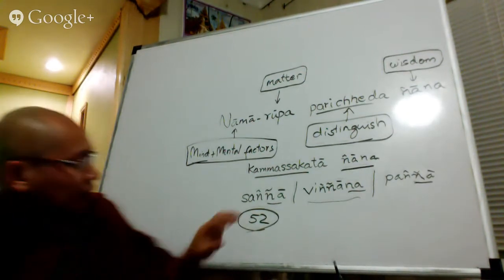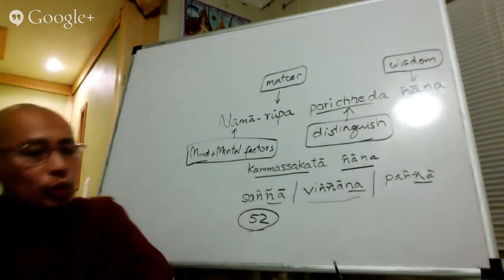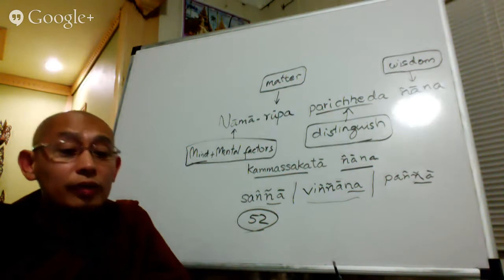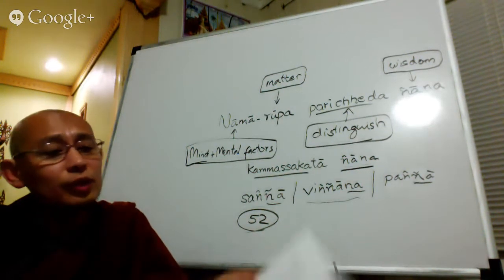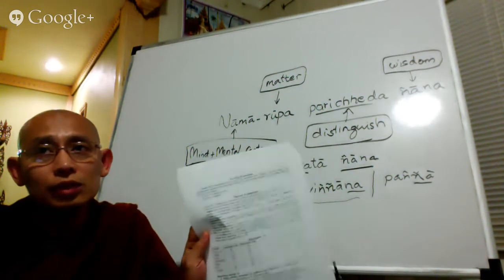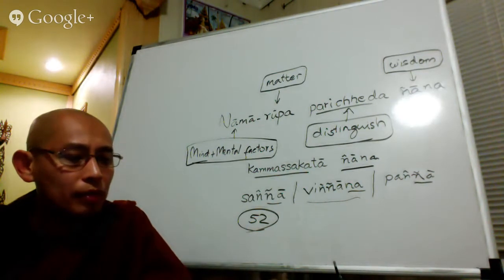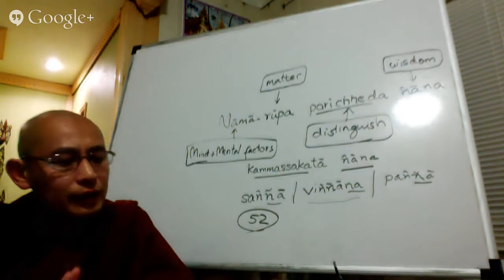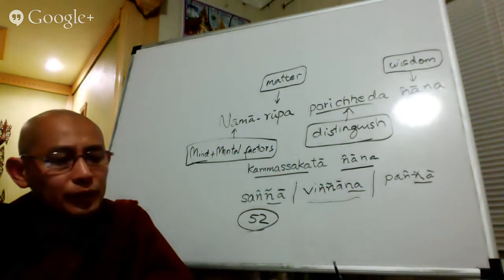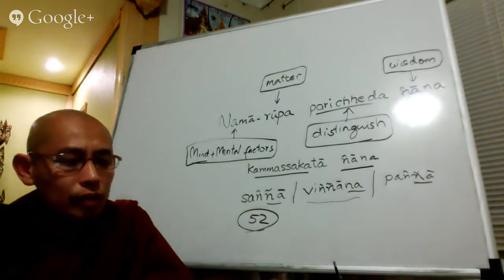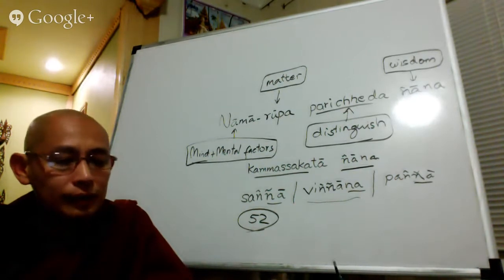So there are two ways of association. Please look at the notes, page number 12. Mental factors always depend on the citta, so we need to learn which mental factor associates with what kind of mind.